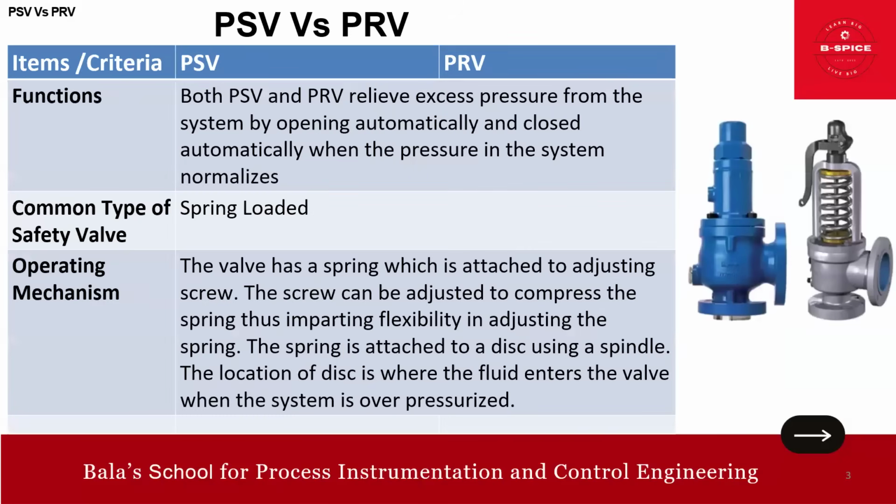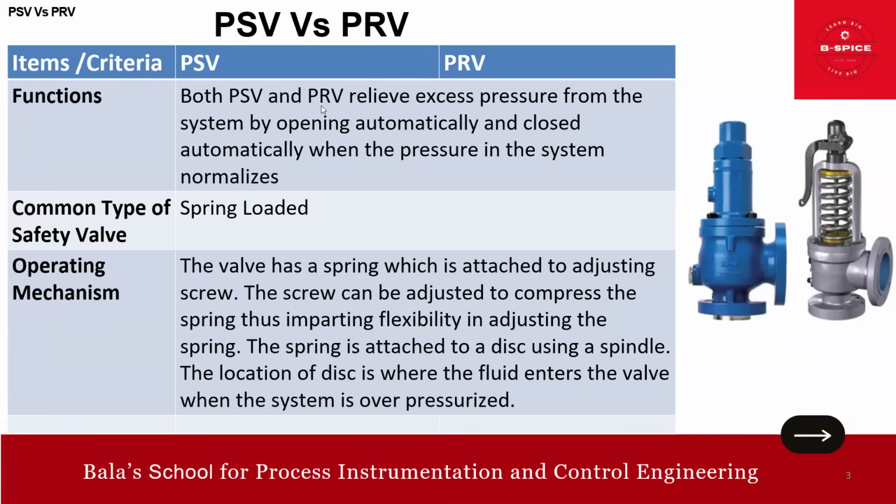There are some commonalities also between these, in the sense of the functions. See friends, both PSV and PRV relieve excess pressure from the system by opening automatically and closing automatically when the pressure in the system normalizes. So that is the basic function.